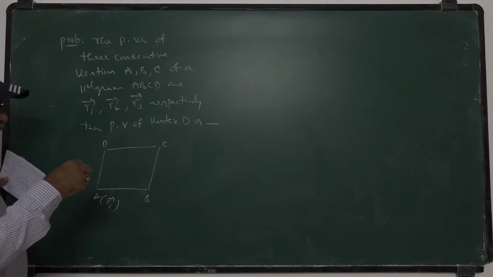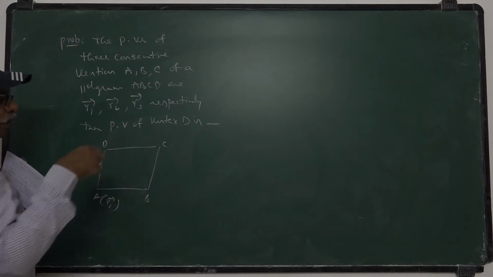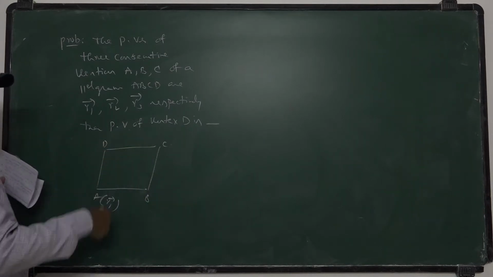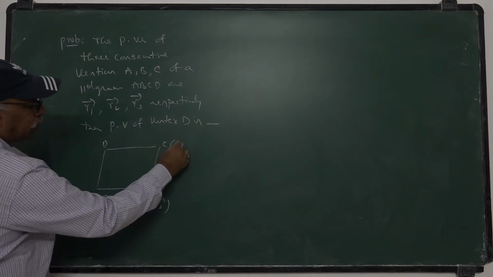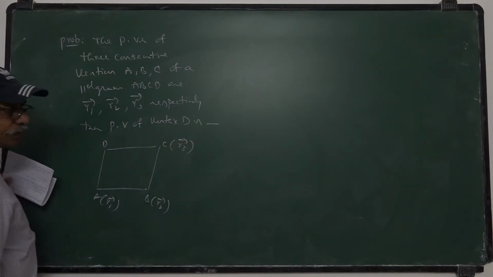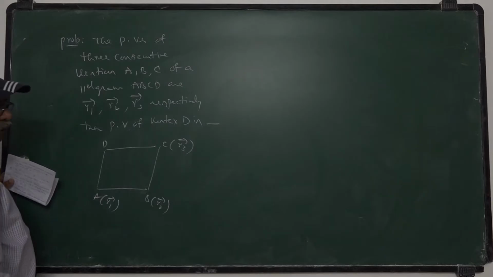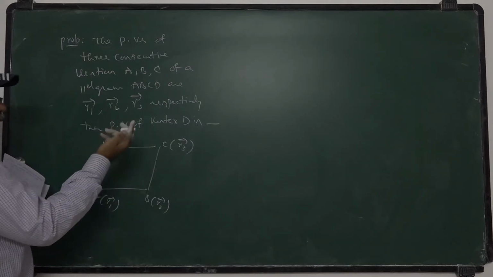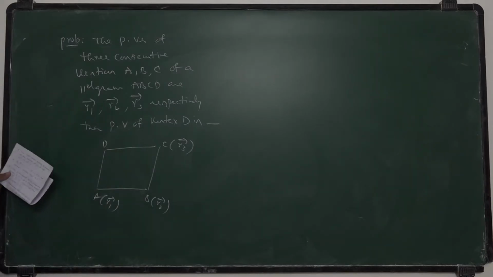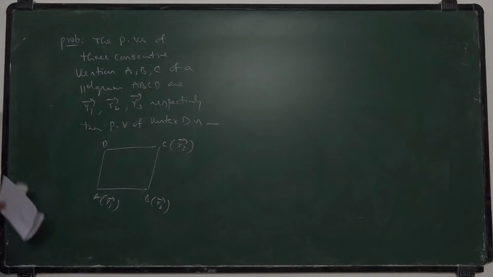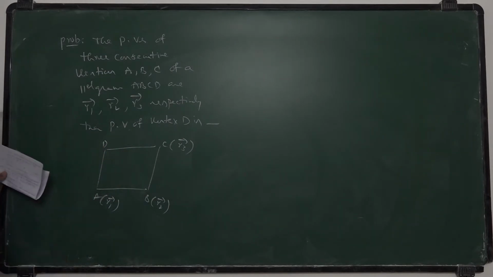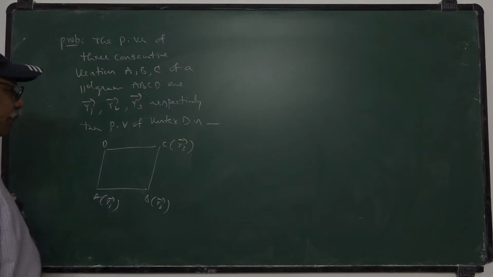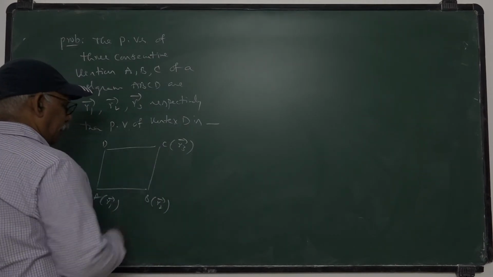Suppose O is a point in space, and OA bar, OB bar, OC bar, OD bar are the vectors given by R1 bar, R2 bar, R3 bar, the position vectors of the three consecutive vertices, and OD bar is the position vector of D. Based on these, you have to find D in terms of R1, R2, R3.